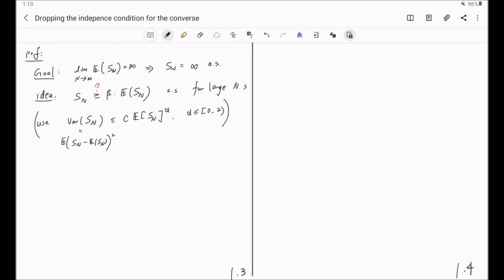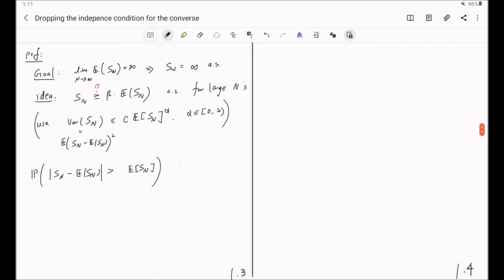So let's give it a shot. You look at the probability of the event where Sn minus its expectation is greater than some multiple of the expectation of Sn.